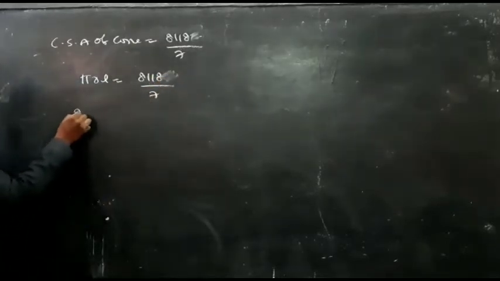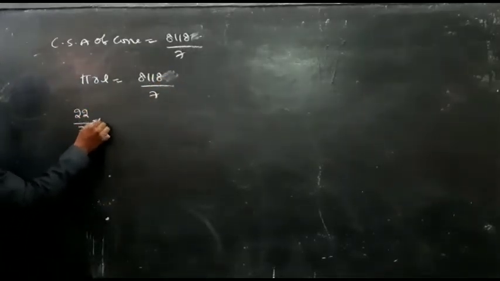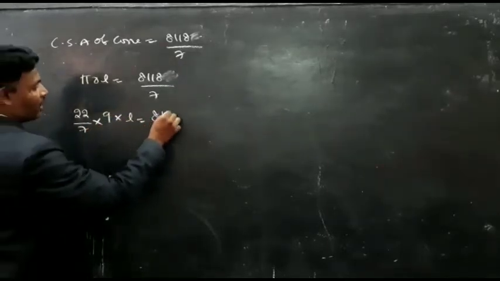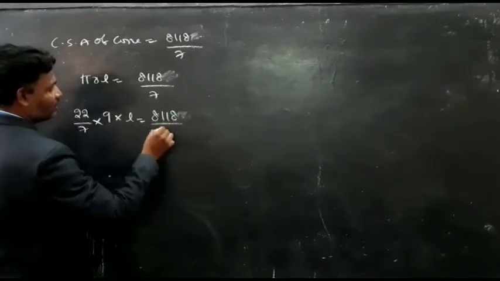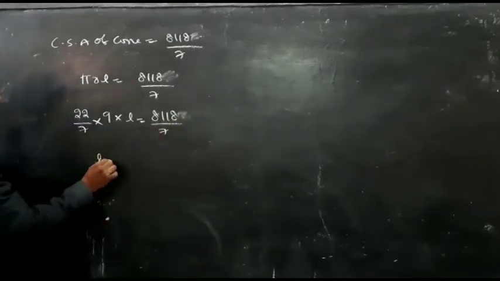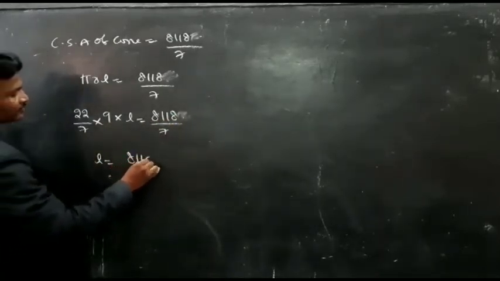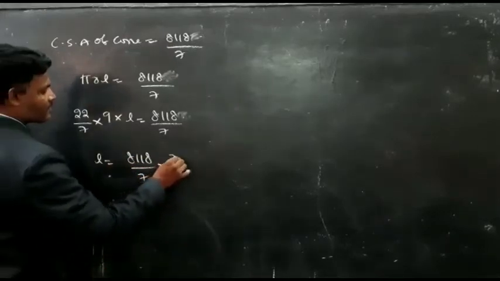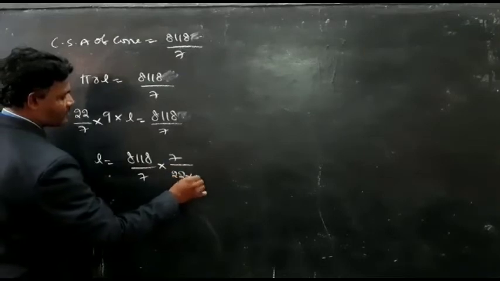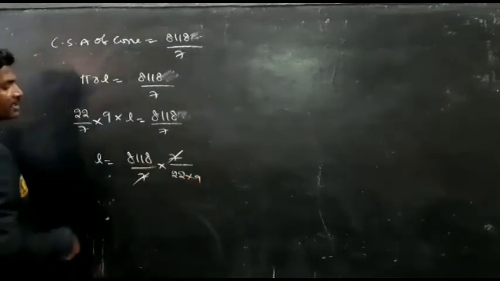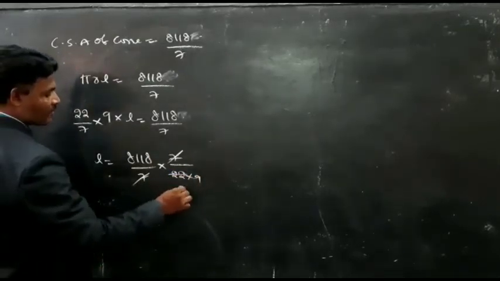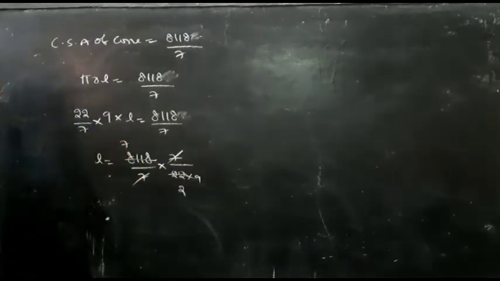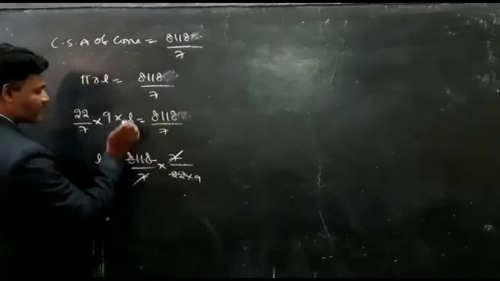What is the value of pi? 22 by 7 into the r value 9 into l is equal to 8118 by 7. l is equal to, we can write, 7 gets cancelled. 11 twos are 22, 11 sevens are 77.